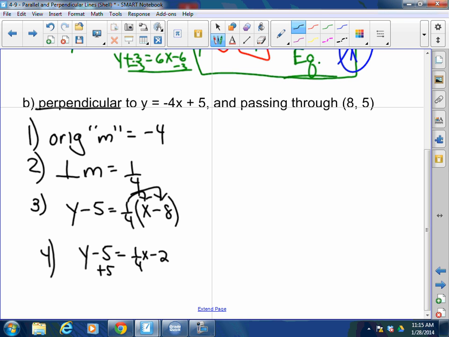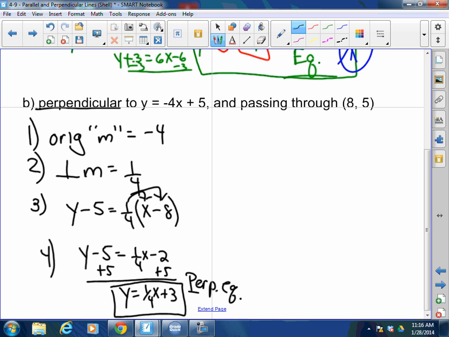Add 5 to both sides. Y equals 1/4 x plus 3. That is my perpendicular equation to the equation that they gave me up here, going through this point, because that is my x1 and that's my y1.